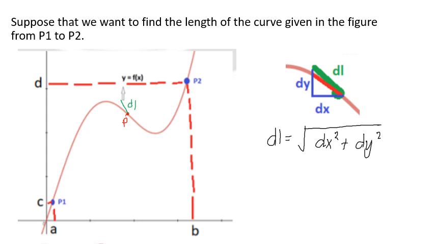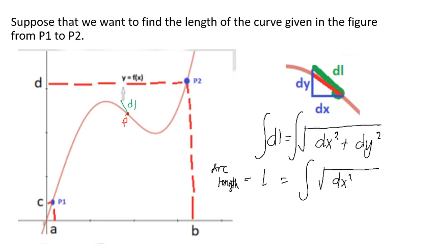So if you want to get the length of the curve, you need to integrate both sides. So this one here, you get the integration of the other side. So you will have L, which let's represent as the arc length, which is equal to the integration of square root of dx squared plus dy squared.